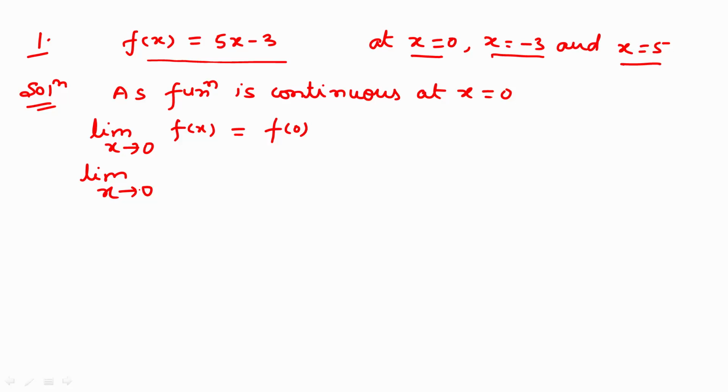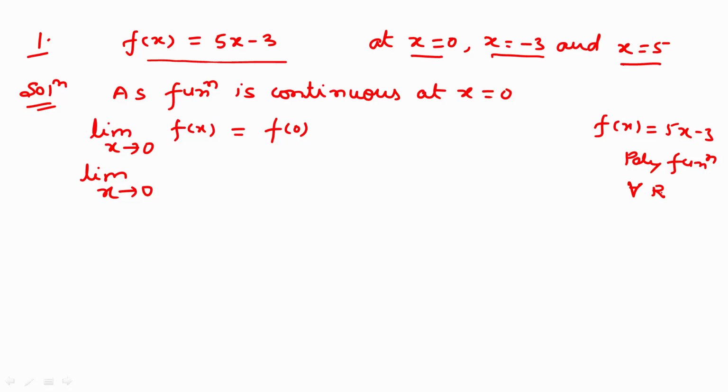As you know that f(x) is equal to 5x minus 3 is a polynomial function, and polynomial function is defined for all real numbers, means polynomial function is continuous for all real numbers.